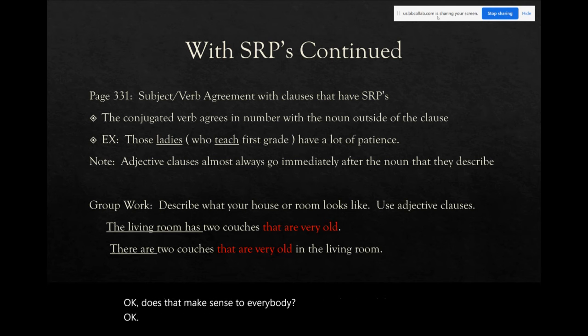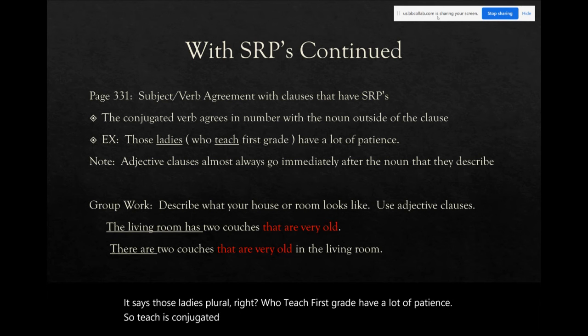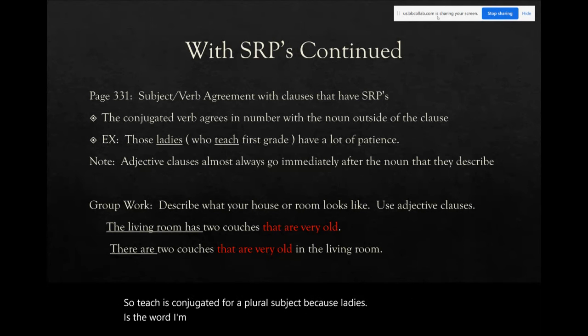I put an example up here on the screen. It says, those ladies, plural, who teach first grade have a lot of patience. So teach is conjugated for a plural subject because ladies is the word I'm describing, and ladies is plural.